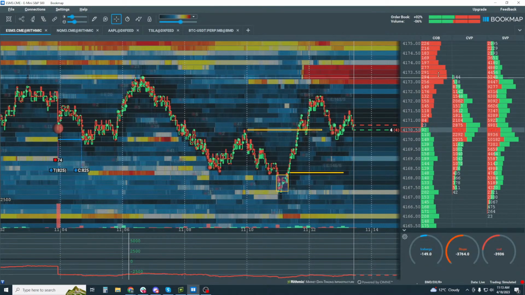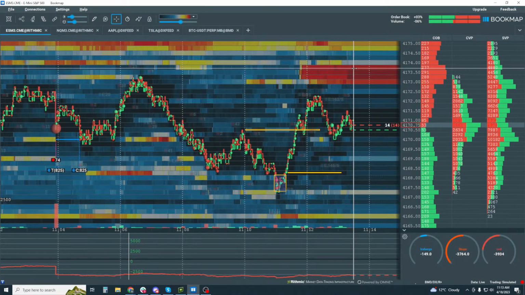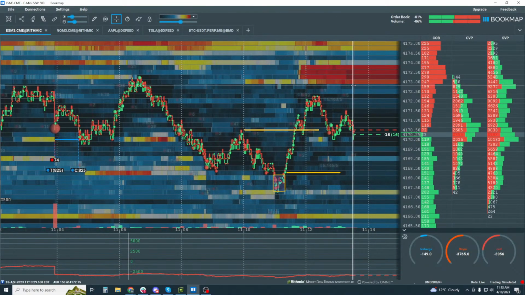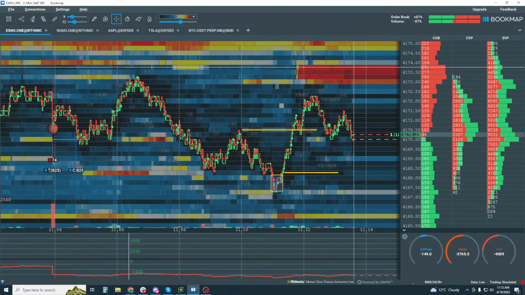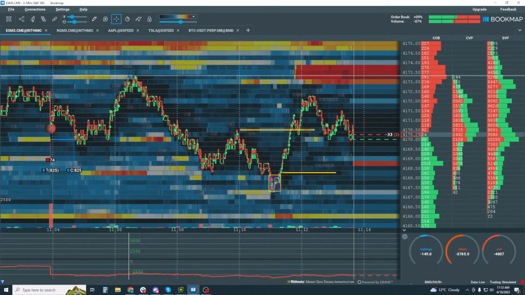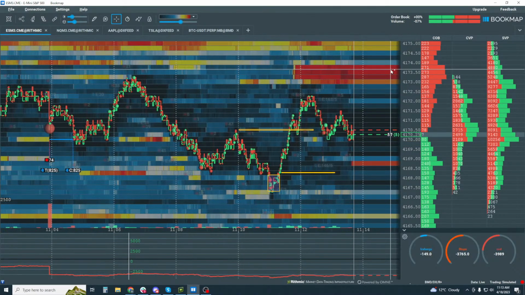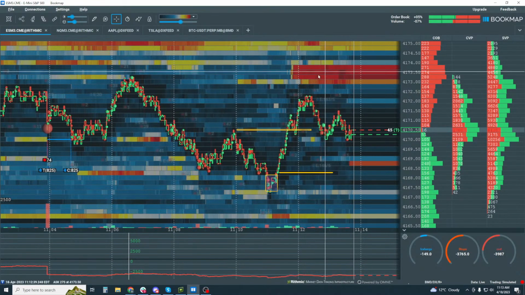This is your DOM. And this is the current order or market window here to the right of the vertical white line, and you can see the orders in here that relate directly to the current order book. But what we've done is we take it and put it into a heat map form and plot it onto the chart historically here.